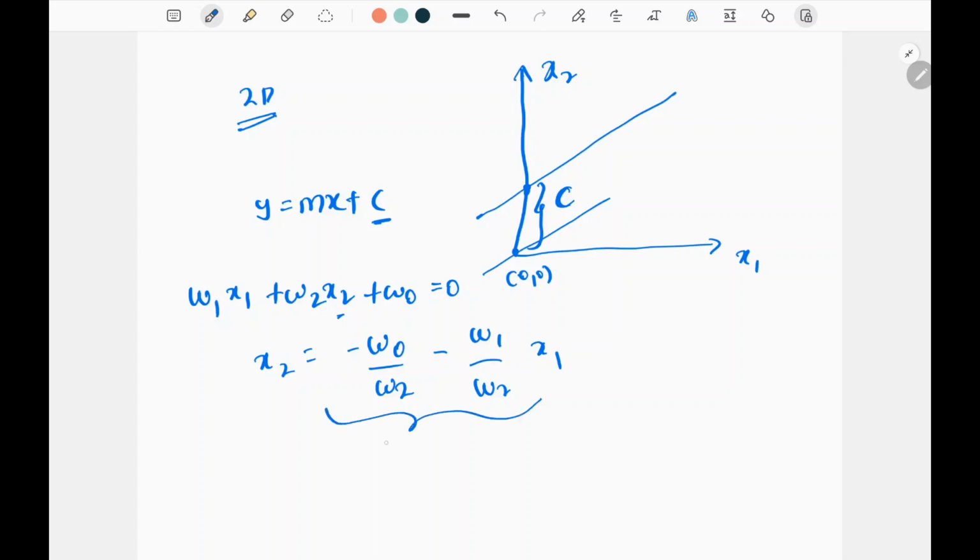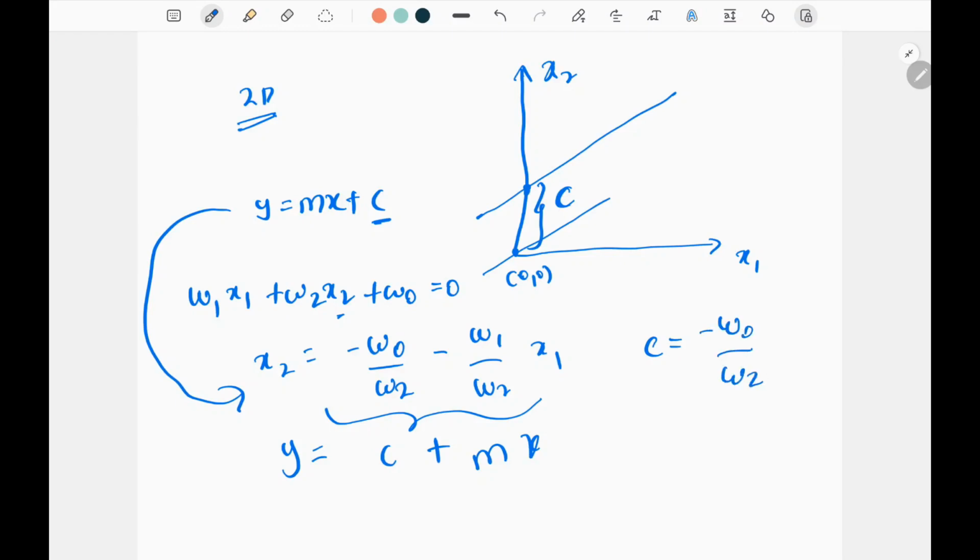This is nothing but y is equal to c plus mx. This is just the same. Okay, now c is equal to minus W0 by W2. Okay.